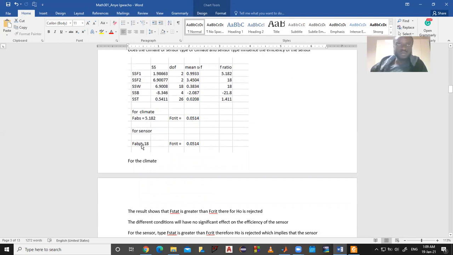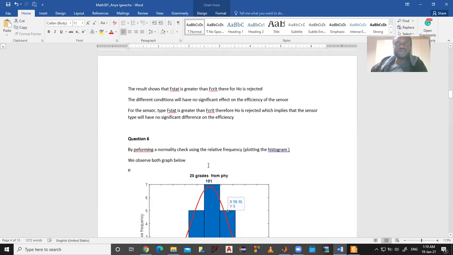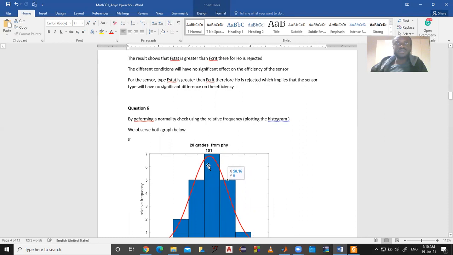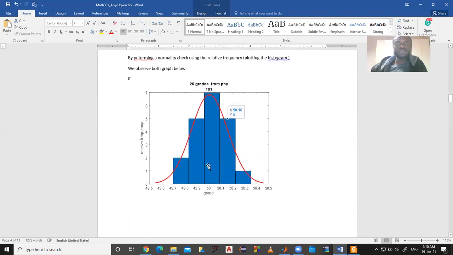So the conclusion was that the different conditions have no significant effect on the efficiency, and the null hypothesis is rejected for the sensor types.